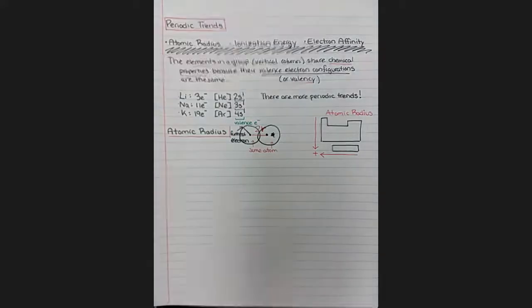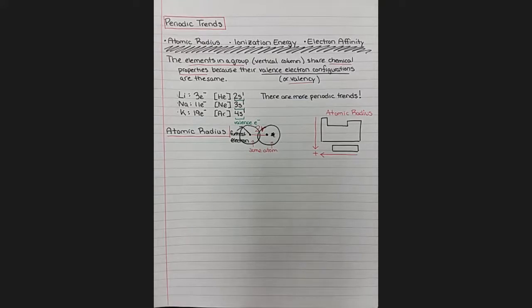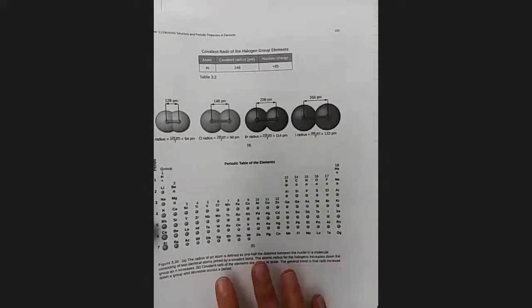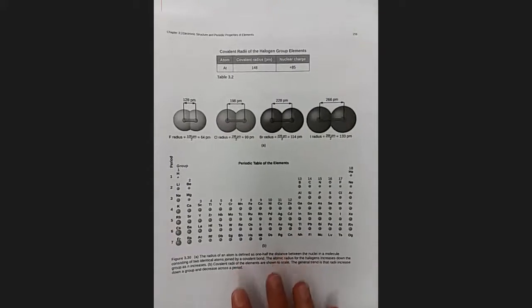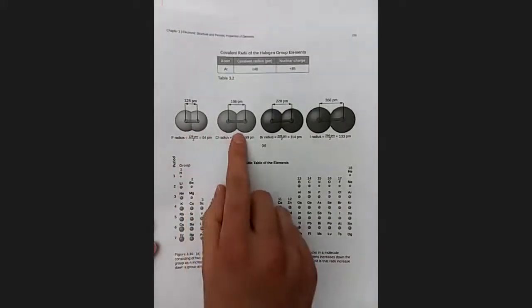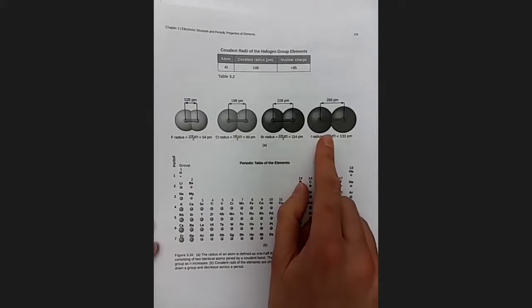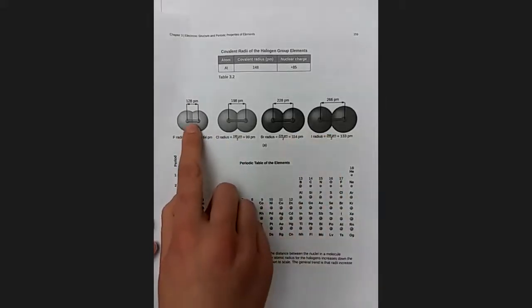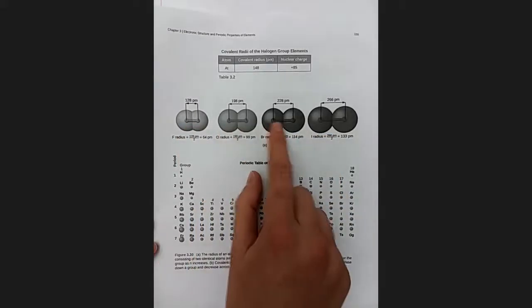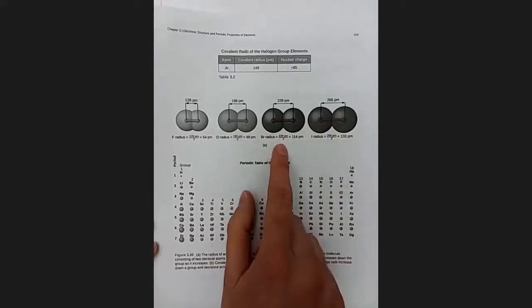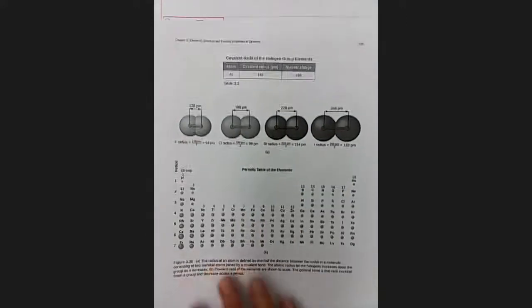And so half of that is going to be our radius. That is how we define it. Here is a picture from the textbook that demonstrates that. So we have 2 atoms of the same element that are connected together. If we measure the distance between the 2 nuclei and divide that by 2, that gives us the radius.